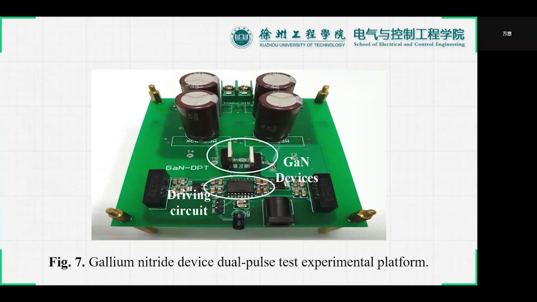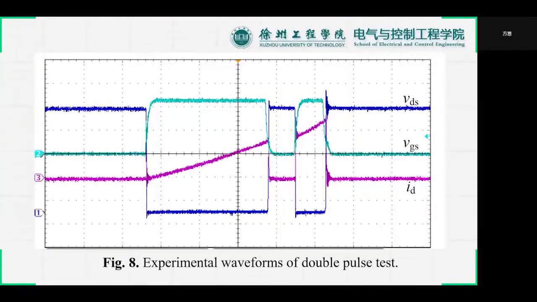The dual-pulse test platform is built and compared with the model results. The dual-pulse test platform is shown in Figure 7. And Figure 8 shows the experimental waveforms and switching processes, with ID at 10 amps.